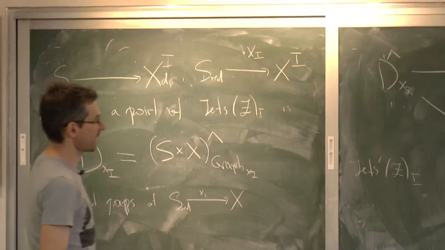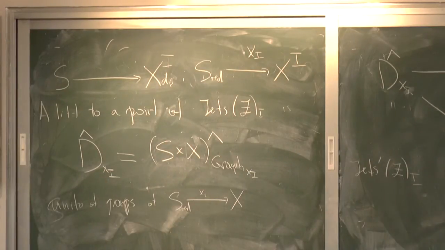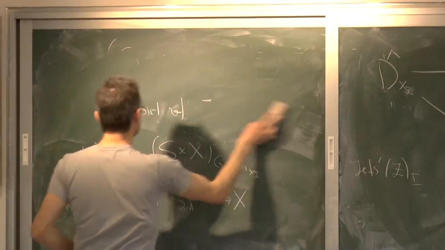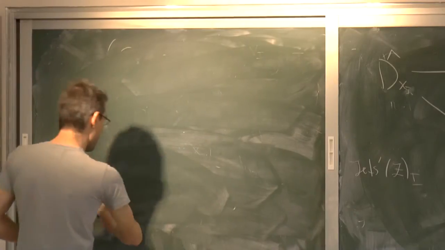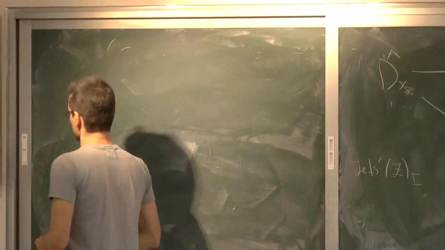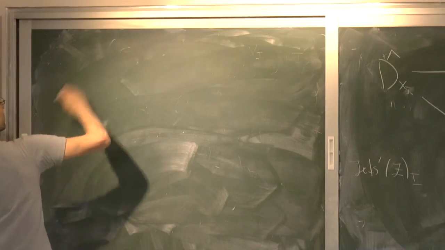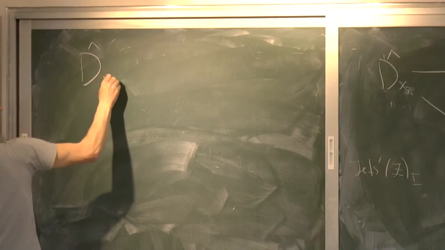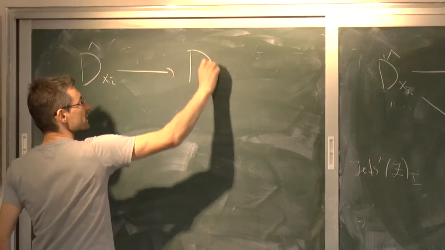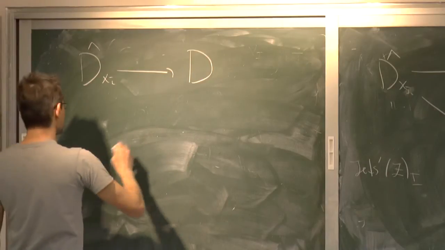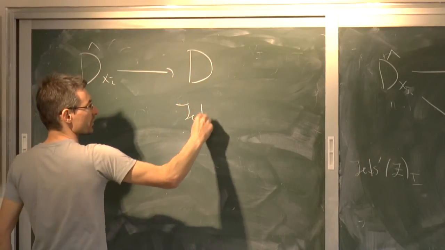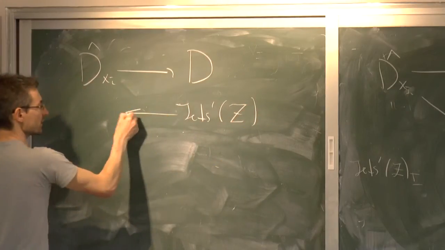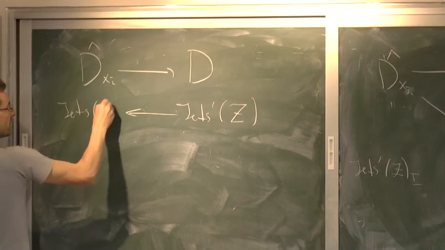So note that by definition, all of them are pre-stacks. This branch is somehow much more intense. So you have a map of pre-stacks, and therefore you have the restriction map. So you have Jets prime of Z restricts to Jets of Z.